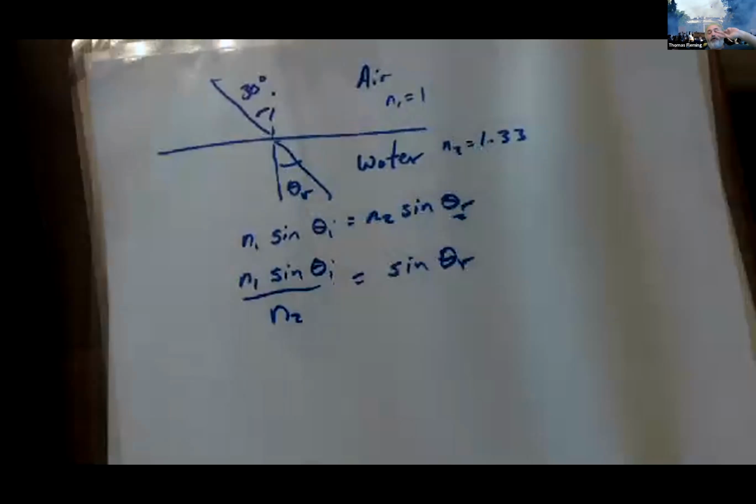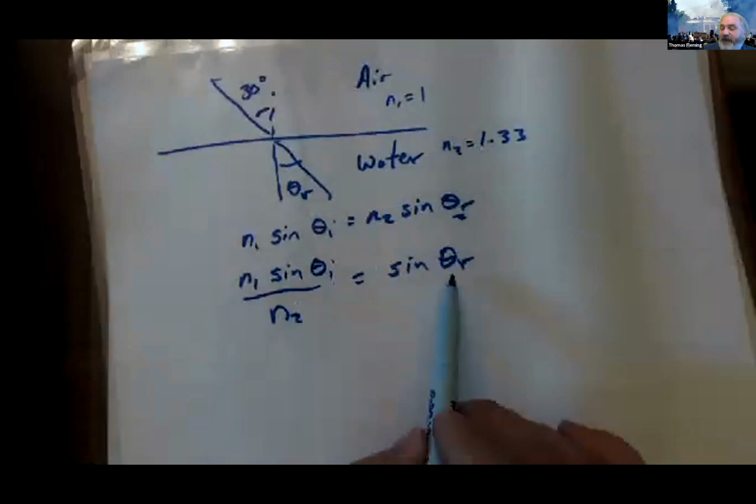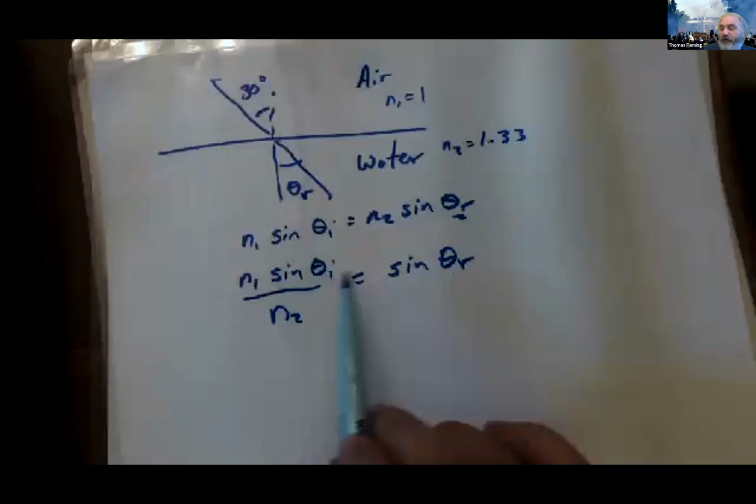If, however, you were to reverse the situation and go from water, where the speed of light is low, into air, where the speed of light is high, then it would be reversed. And what would happen is n1 would be larger than n2. So I'd be multiplying by a number bigger than 1 here. That would suggest that my angle of refraction would be a larger angle than my angle of incidence.